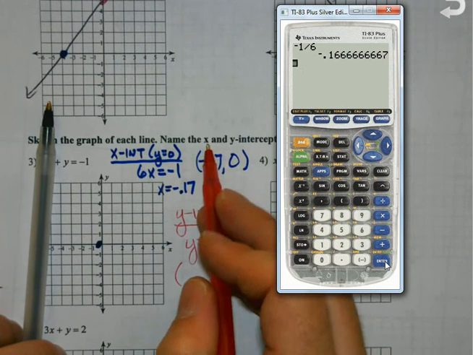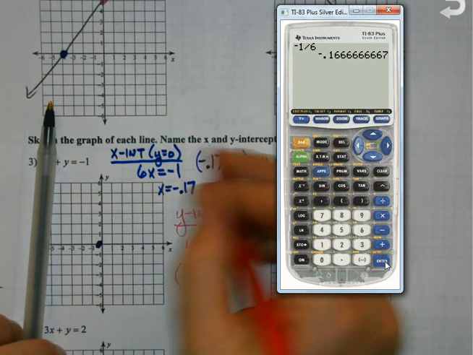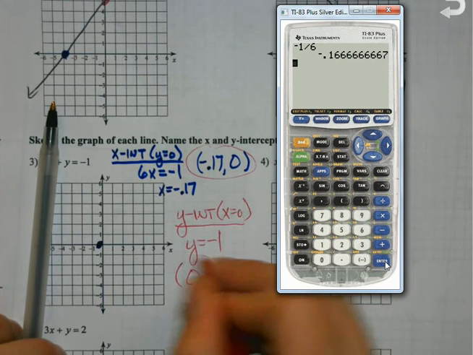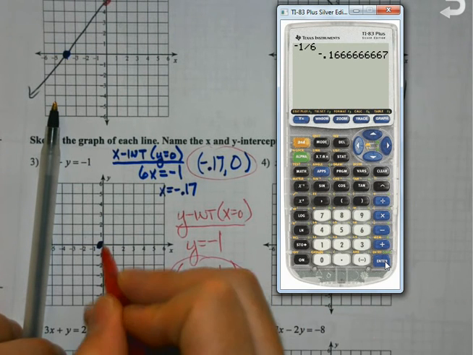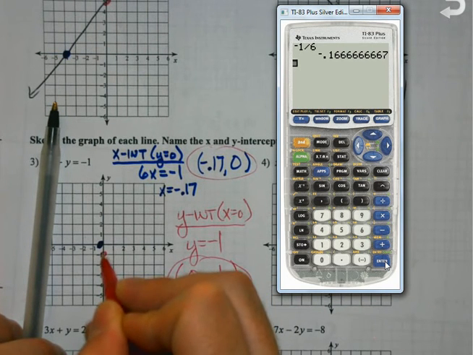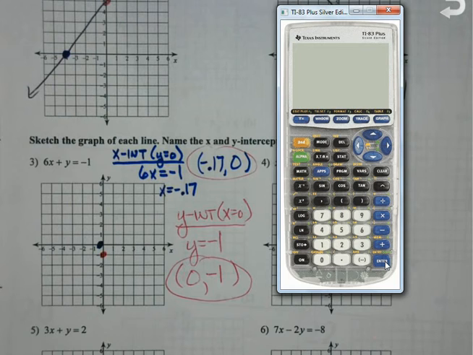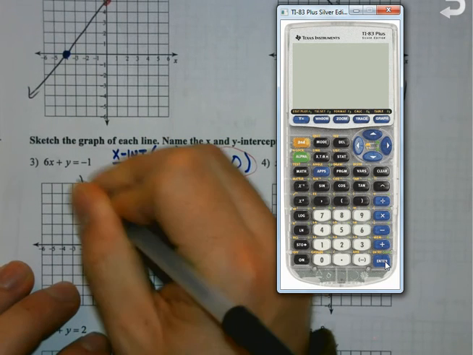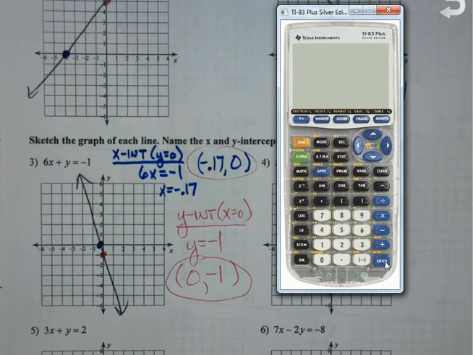If they tell me to name the intercept, they're saying you write down what the coordinates of the point are and then plot the point and connect the dots. So that's all we're doing when it comes to these.